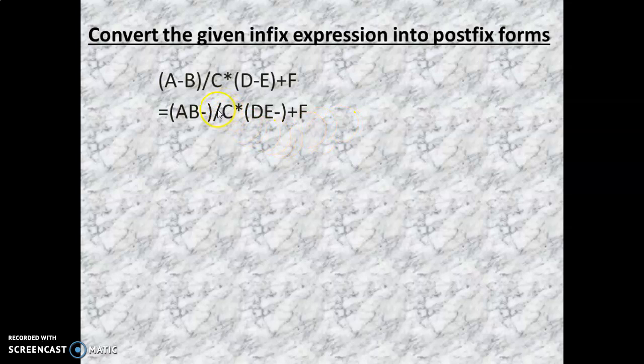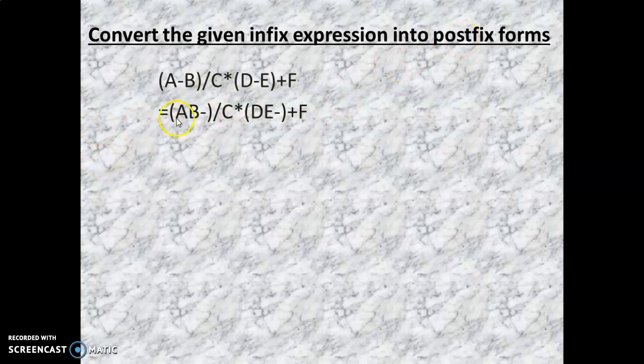Then there is division, multiplication and plus sign. So we have to do division and multiplication, which as you know have the same precedence, but here division comes first, so we have to do division first.